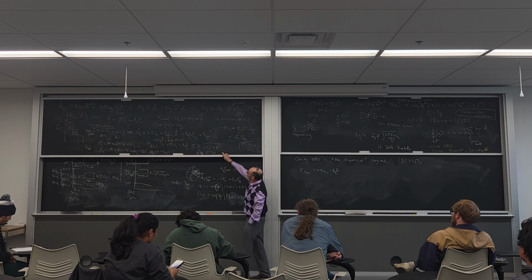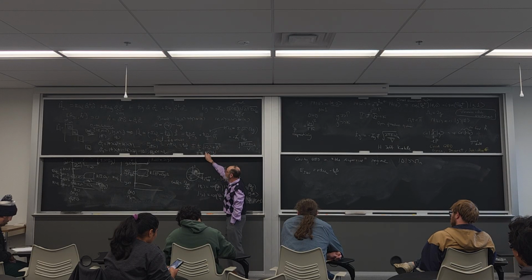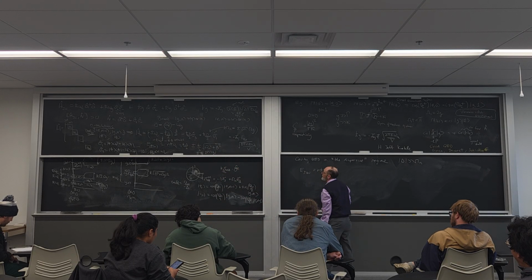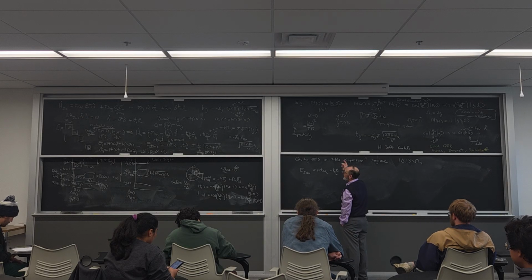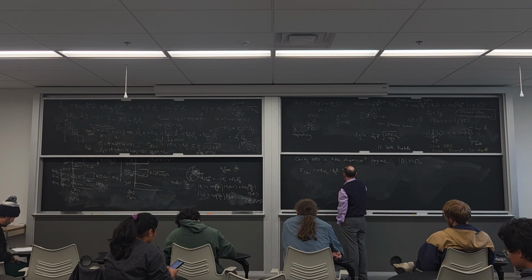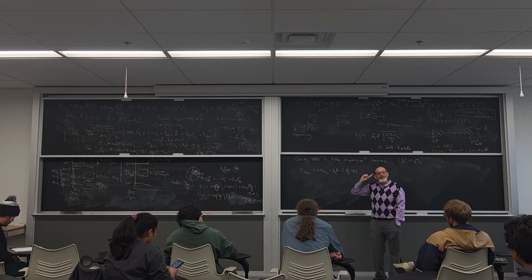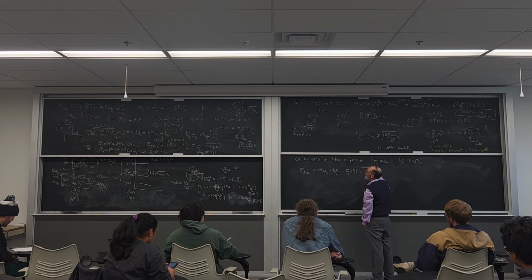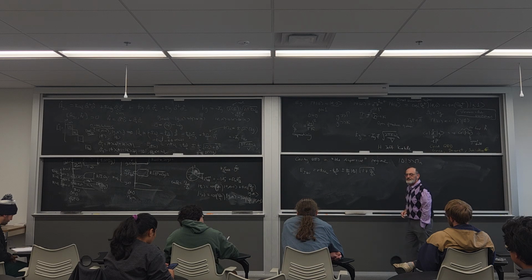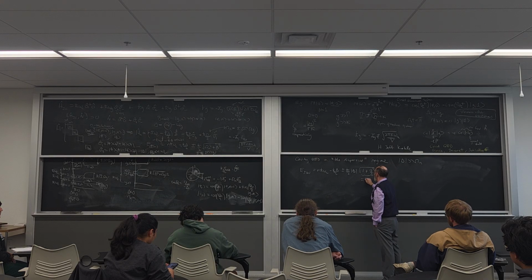This is huge compared to this, so I'm going to do a Taylor series expansion. I'm going to bring the delta squared outside the square root. The square root of delta squared is the absolute value of delta, times the square root of 1 plus omega n squared over delta squared. Now if this is small, this is approximately equal to 1 plus omega n squared over 2 delta squared.